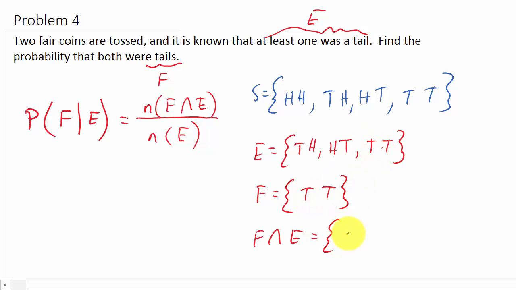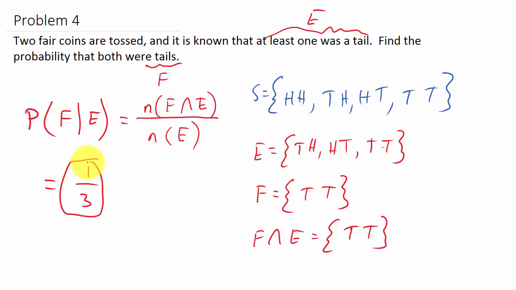Well, the tails and tails. So the probability would be the number in F and E, which is 1, over however many's in E. 1, 2, 3. And there's your answer. Probability is 1/3.